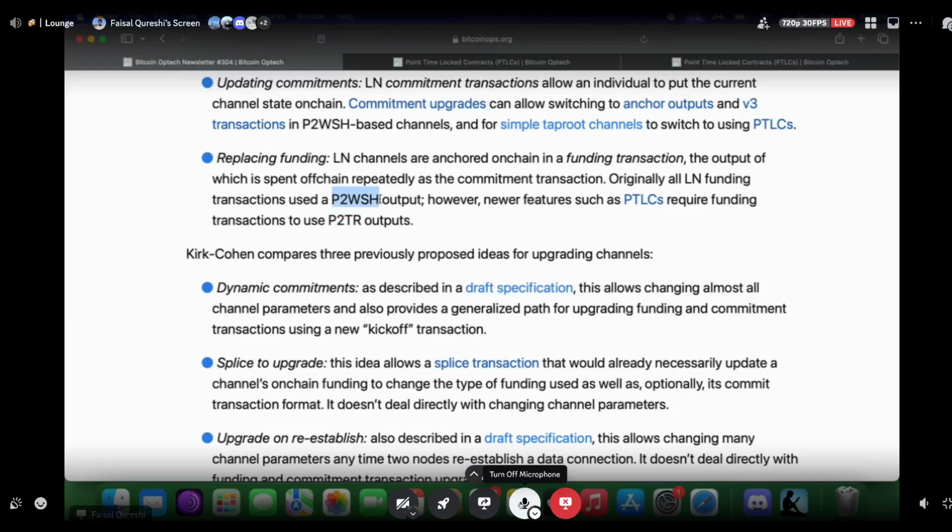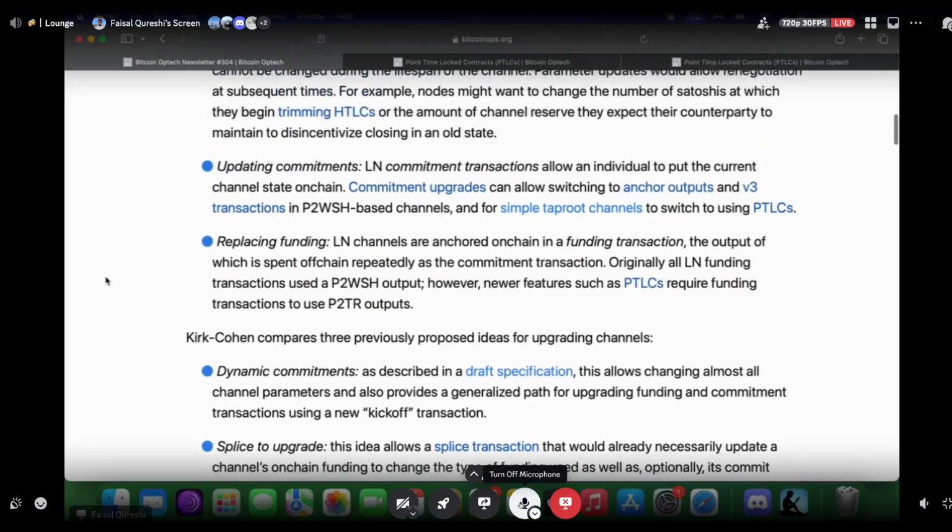You'll have to close the channel and start another channel and then have another commitment transaction. But this proposal aims at introducing a mechanism which will allow the users without closing the channel to change their commitment transaction entirely. So if they have a P2WSH commitment transaction, they can switch to a P2TR commitment transaction. So these are the three proposals.